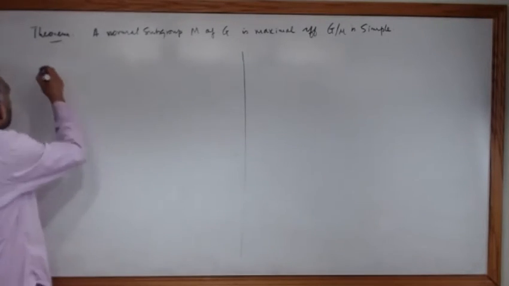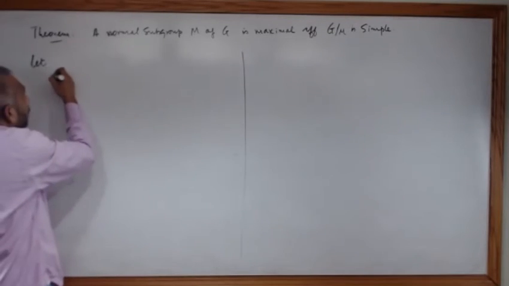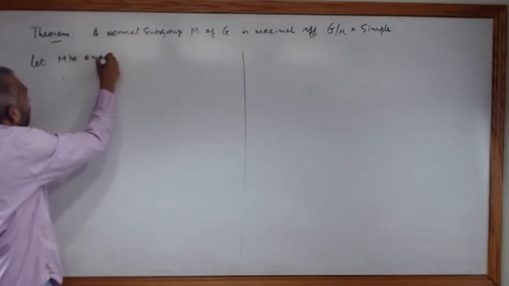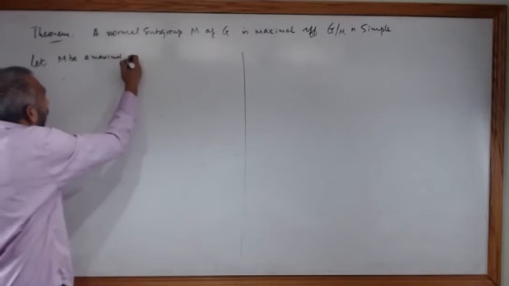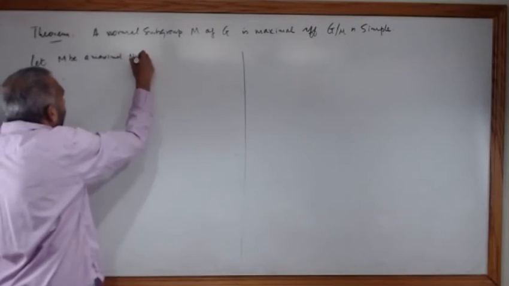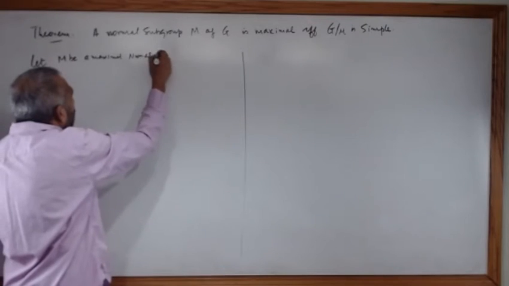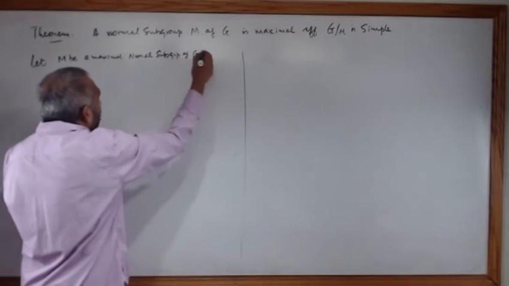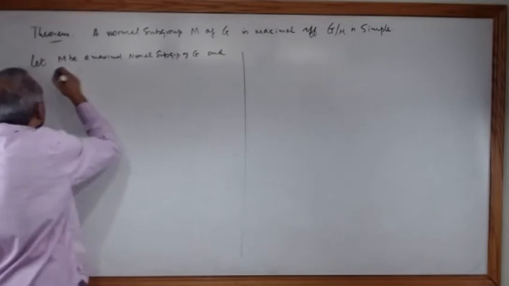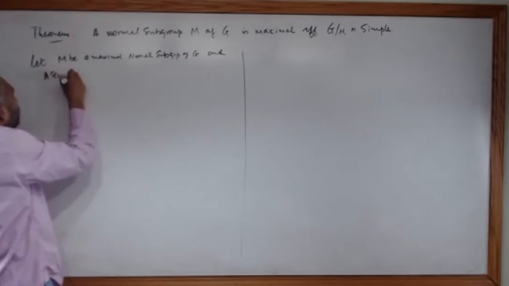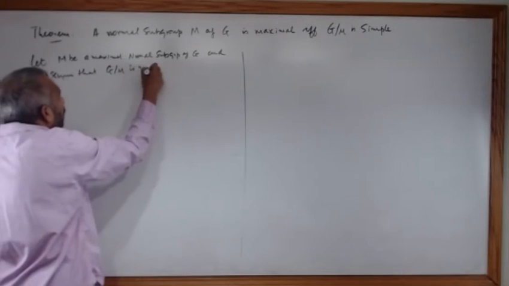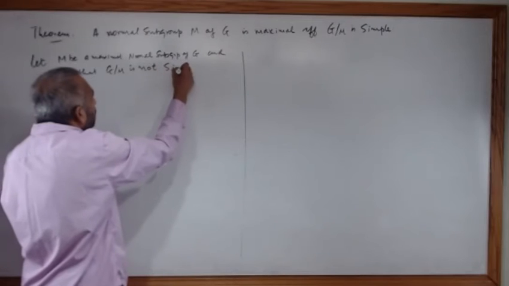So let us assume that M is a maximal normal subgroup of G, and assume that G over M is not simple.